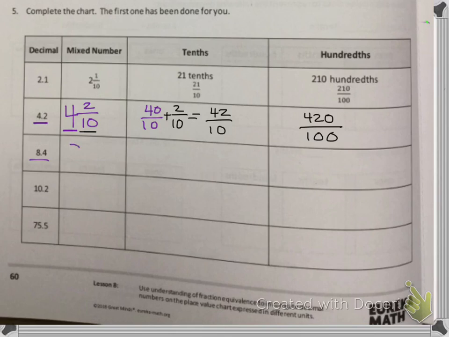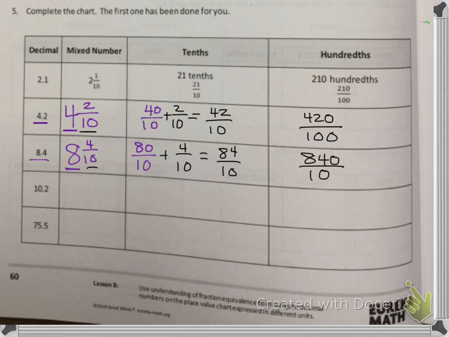So we have 8 whole and 4 tenths. Same thing. This 8 is going to be 80 tenths plus 4 tenths is going to be 84 tenths. Then hundredths, we have 840 hundredths.